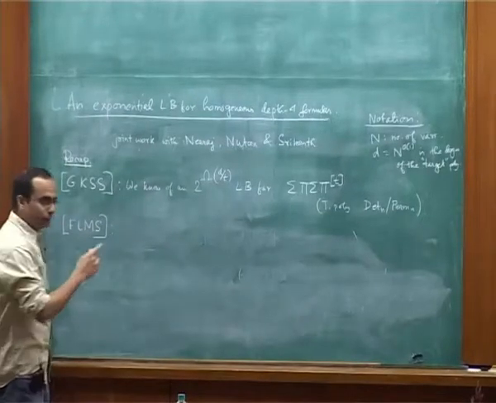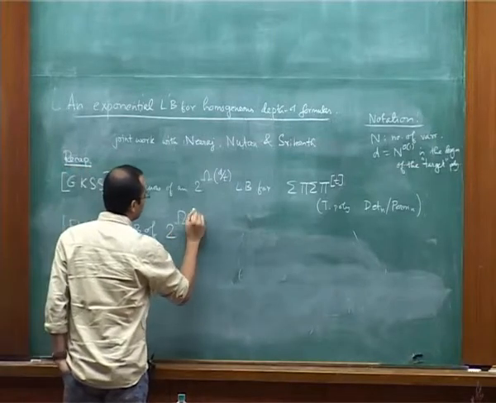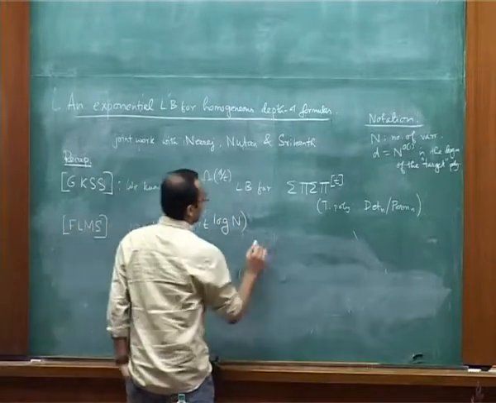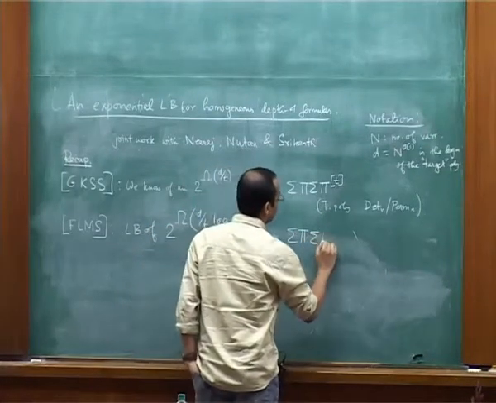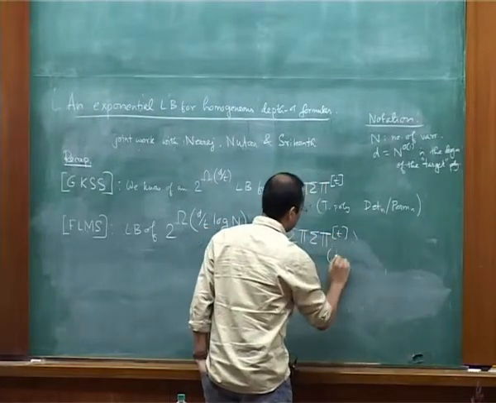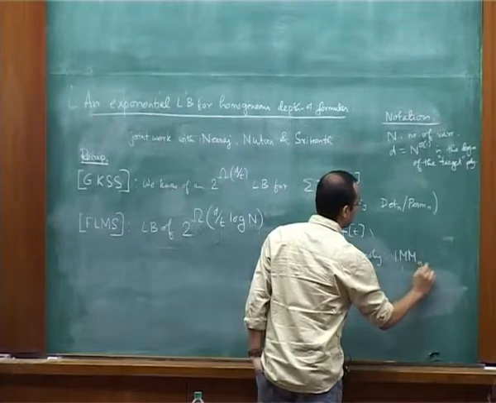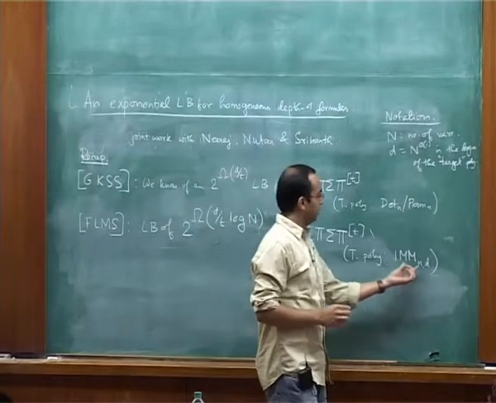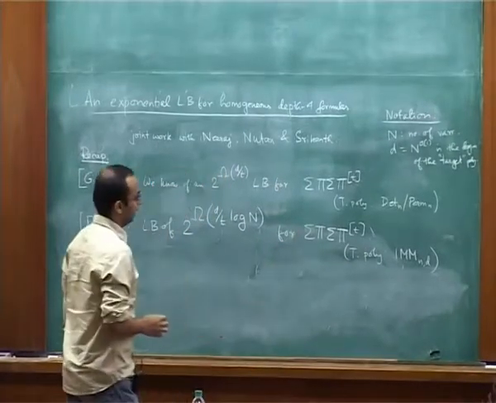Right, and this was improved to the following lower bound for the same model, and here the target polynomial was the iterated matrix multiplication polynomial with the dimension of the matrices being n and the number of matrices being d.